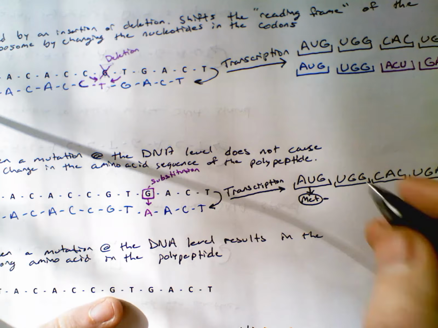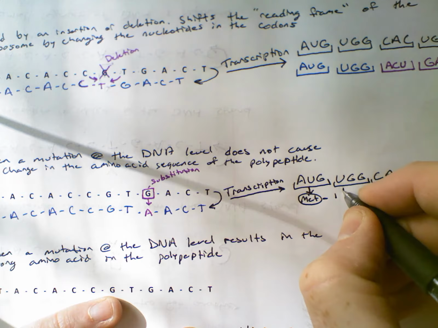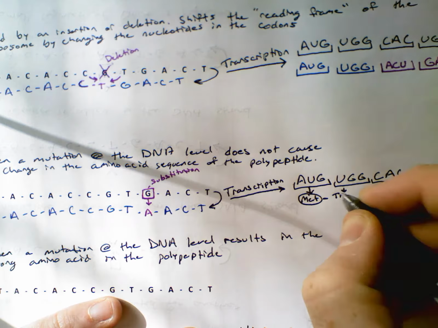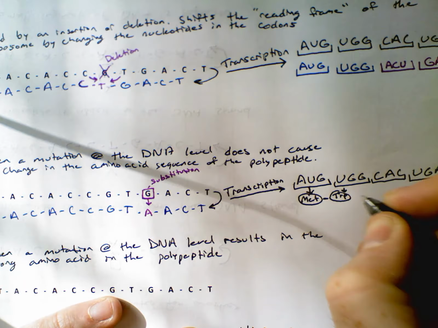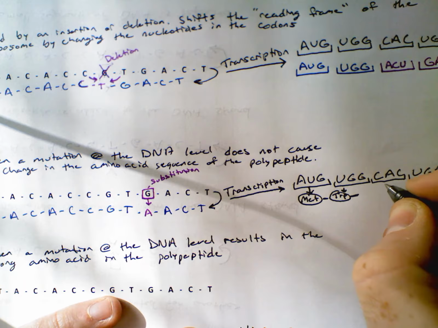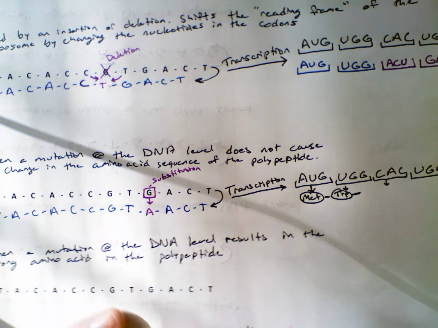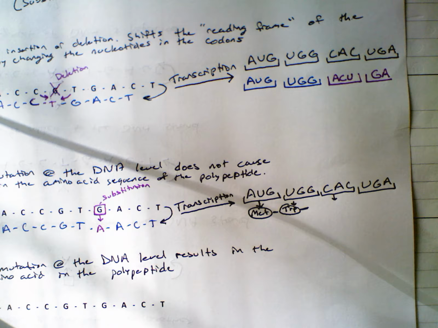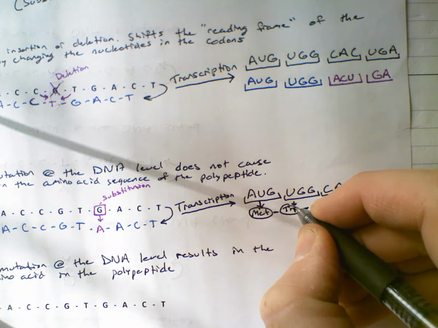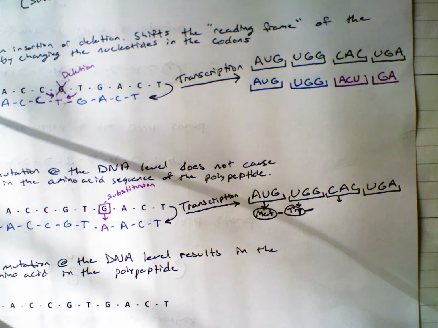UGG, tryptophan. Where have you heard of tryptophan before? Some people say it's the protein that makes you sleepy after you eat turkey. TRP. That's a lie. Yeah, TRP. Or it's TRYP. So TRY is probably better.